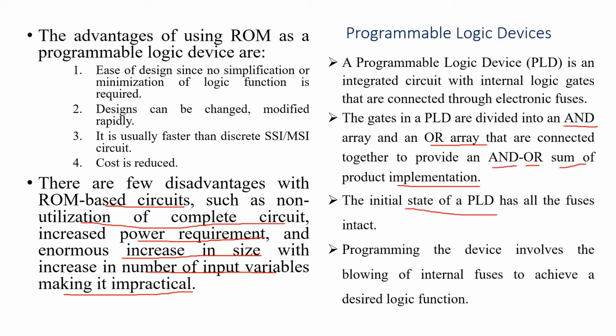The initial state of a PLD has all the fuses intact. Intact means connected, short circuited. Programming the device involves the blowing of internal fuses. Selected fuses are disconnected or opened to achieve the desired logic function. Initially all the fuses are shorted.